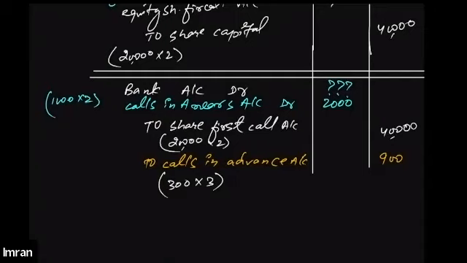We will find out the difference: 40,900 minus 2,000. The remaining amount, the difference that we get, needs to be debited to bank account. 38,000, it should be, I guess, 38,900. So 38,900.